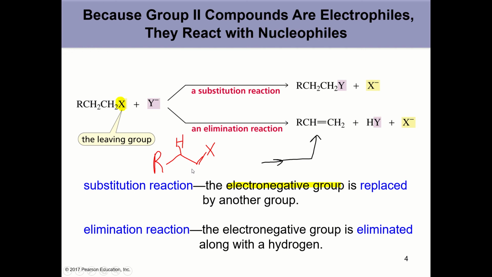The bonding electrons for the hydrogen form a pi bond between the two carbons, the CH2CH2, and X leaves to form an anion. And so that's an elimination reaction. It's a method to form alkenes.